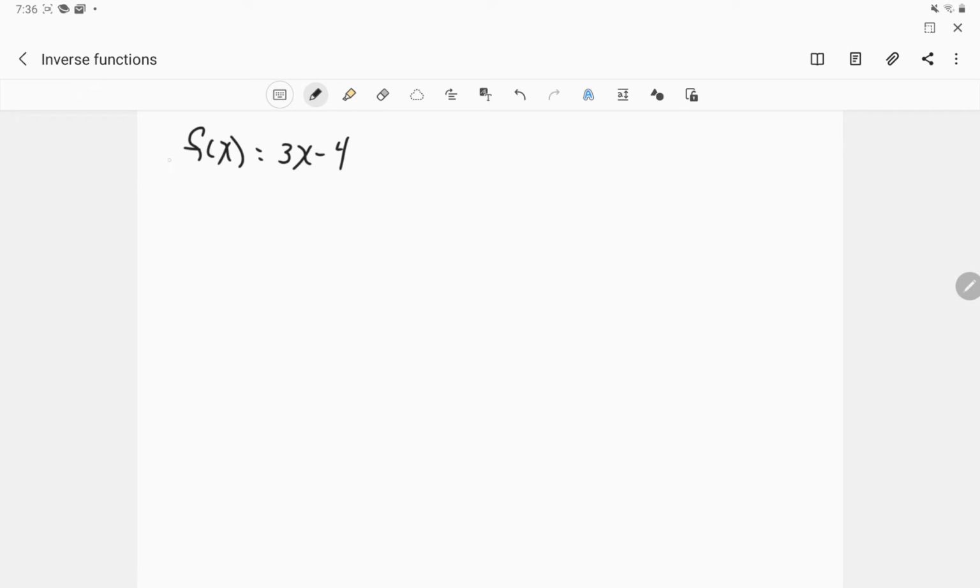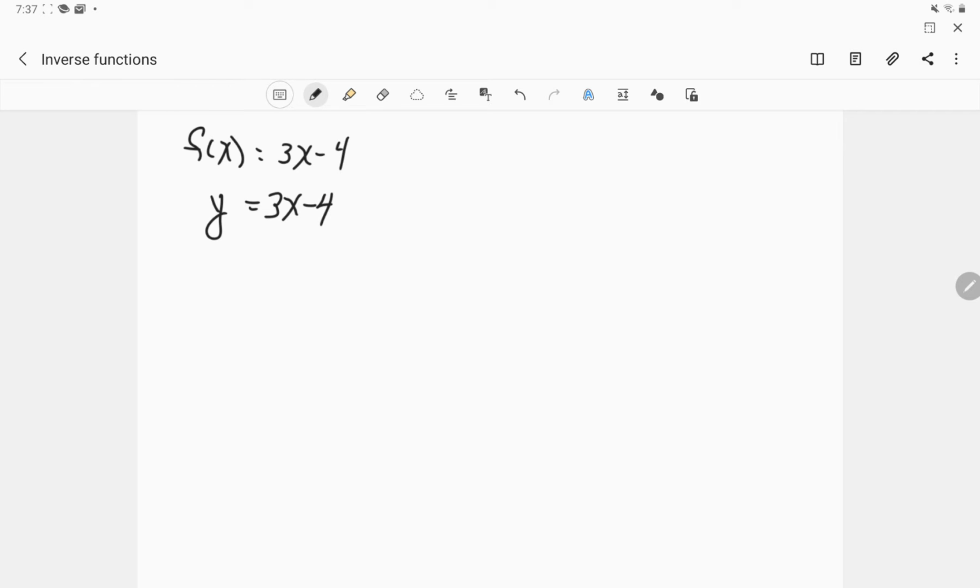Well, when you have f of x, that's just function notation. Function notation is just a short way of writing an equation because it tells you, yes, this is a function and the unknown value is x. So f of x and y are basically interchangeable in this situation. So we have y is equal to 3x minus 4.